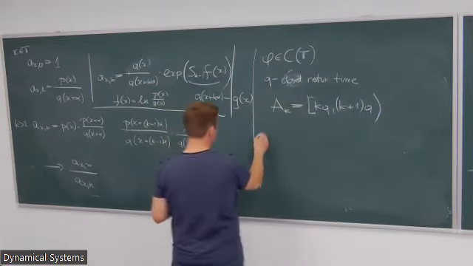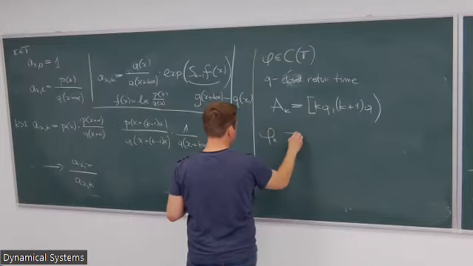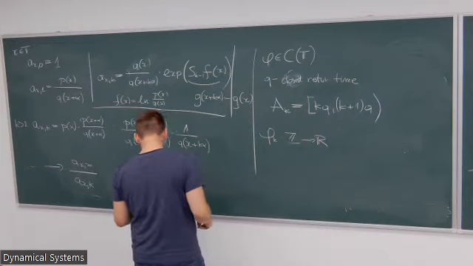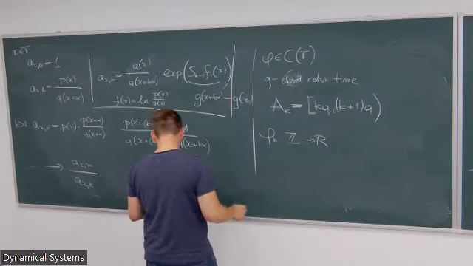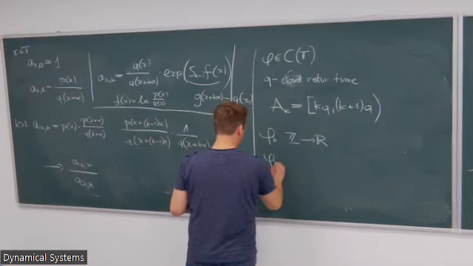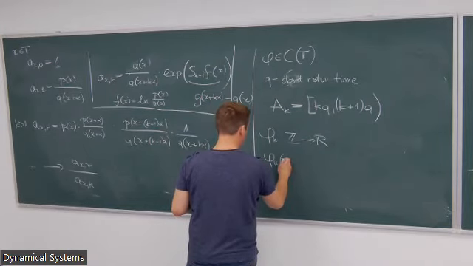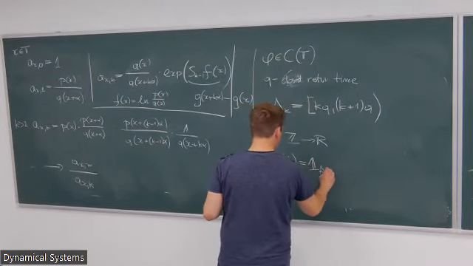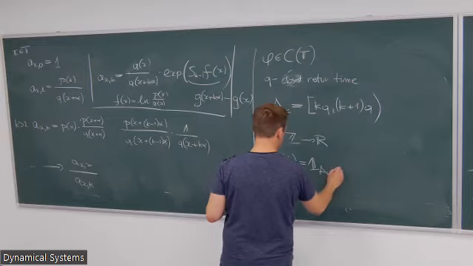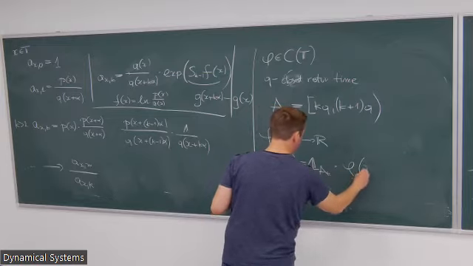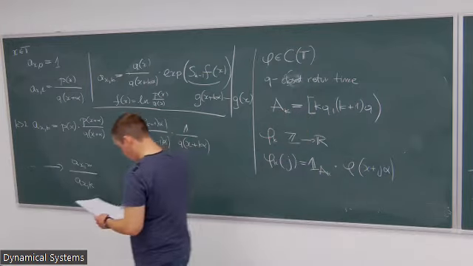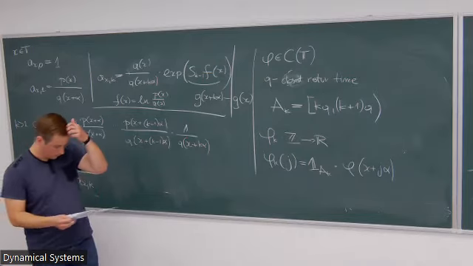Let us define a real function phi_k on the integers by the formula phi_k(j) equals the characteristic function of A_k times phi(x + j alpha). Okay.